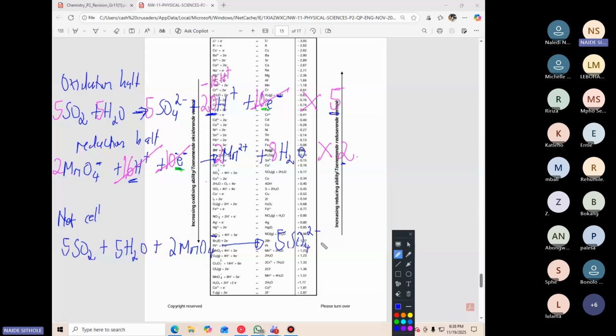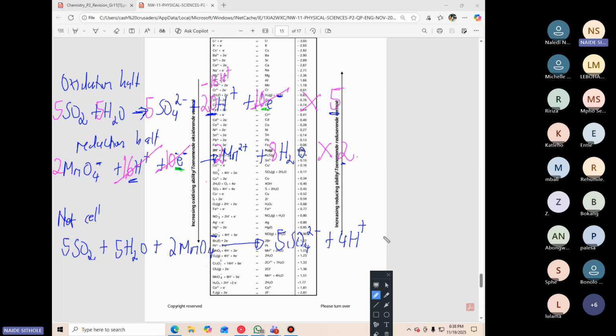then 20 minus 16, I'm left with what? 4H plus, right? And then also plus what? Plus the 2Mn2 plus, and plus the 8H2O.